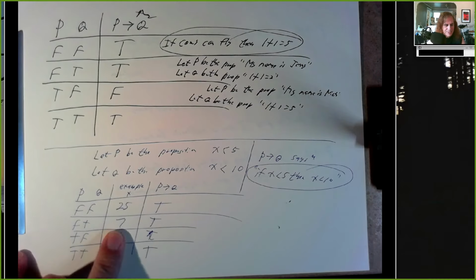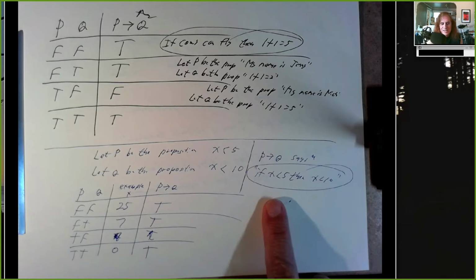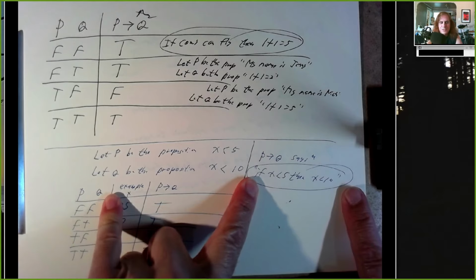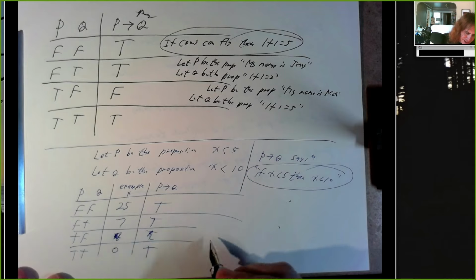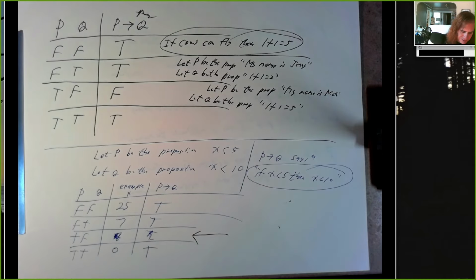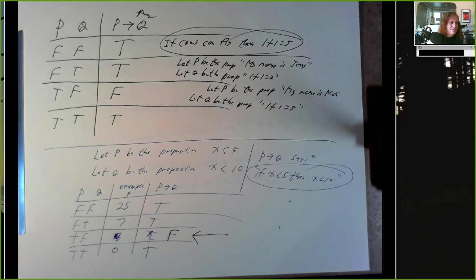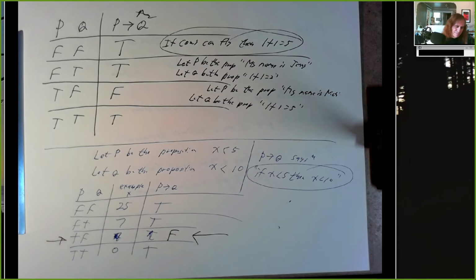So here it's greater than 5 but less than 10, and this is still true. If it's less than 5, it's less than 10. Just because I picked an x which was not less than 5 doesn't mean this statement suddenly falls apart. It's still a true statement. Now, the one weird case is right here, and we've said that this proposition should have a value of false. But there's no x I can find for this case.